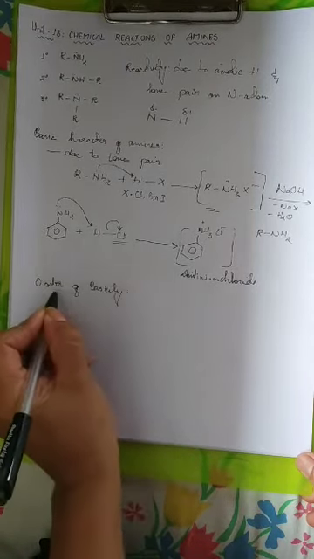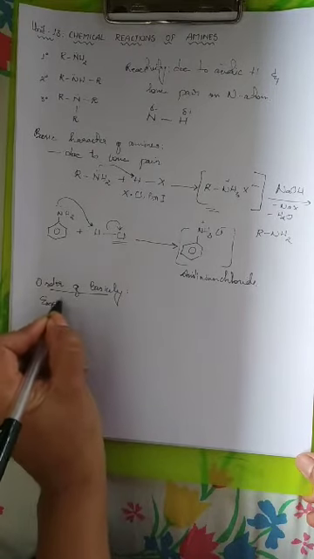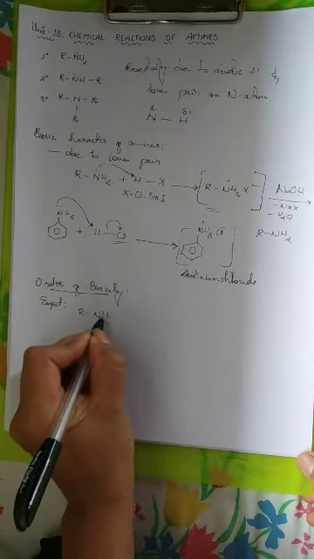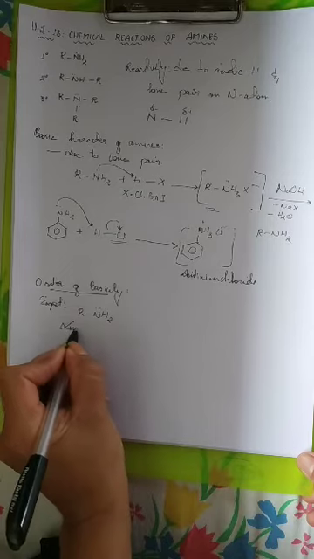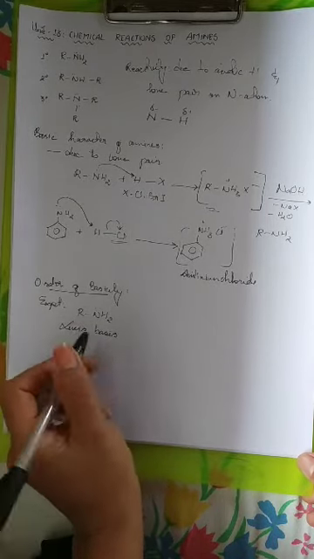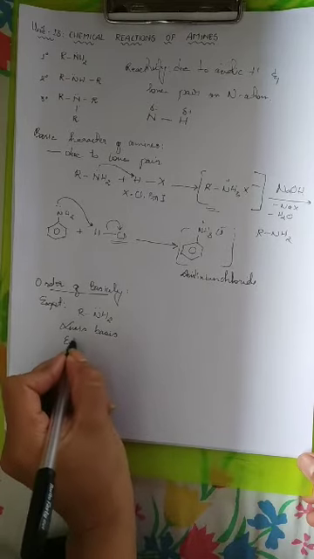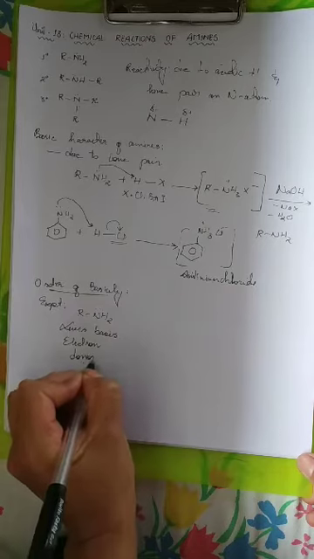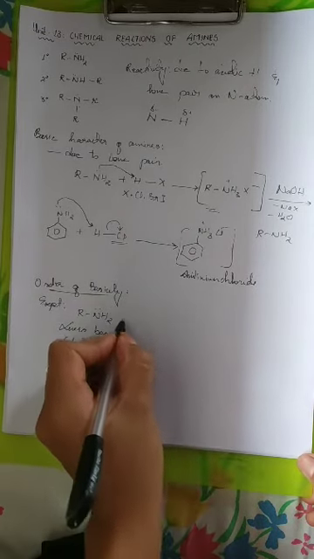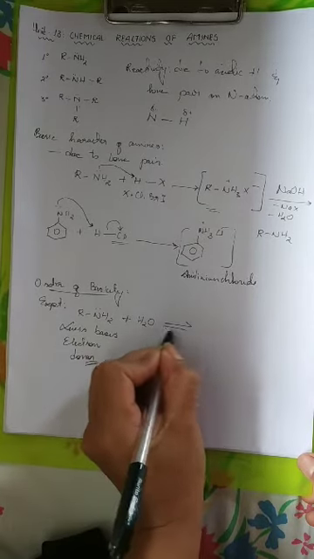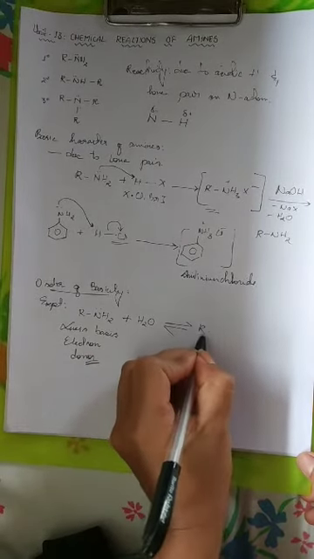The order of basicity. Now, experimentally, it has been found that amines act as a Lewis base. And we know that Lewis bases are good electron donors. Now, these amines react with water reversibly to form a cation.